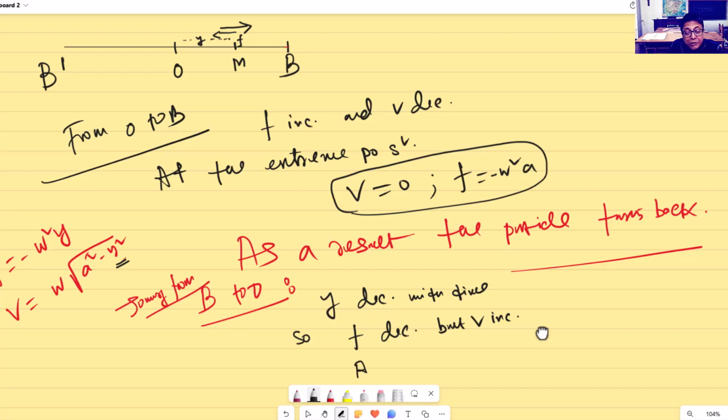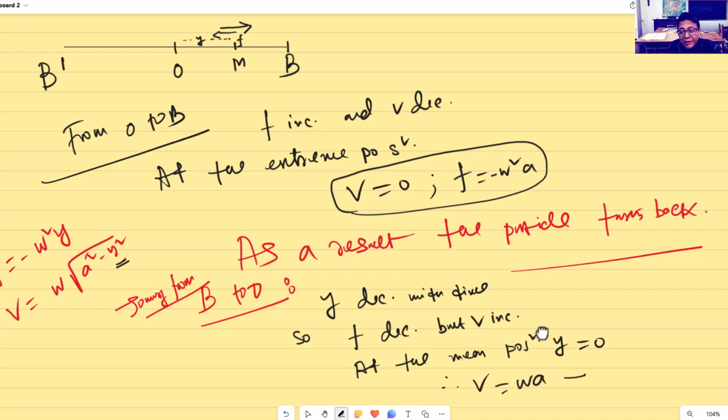At the mean position, what happens? y will be 0, so V equals omega A. This is maximum velocity, which we refer to as V max.